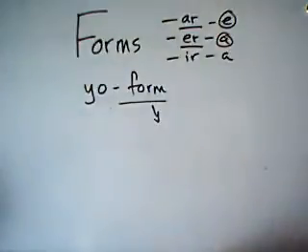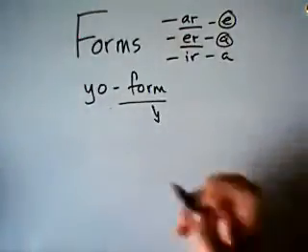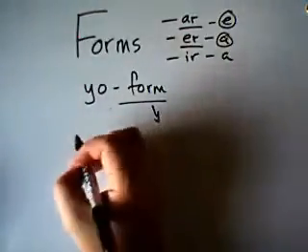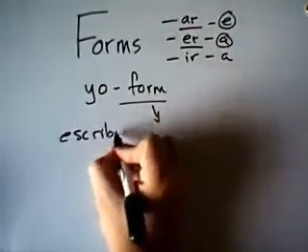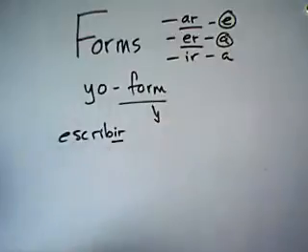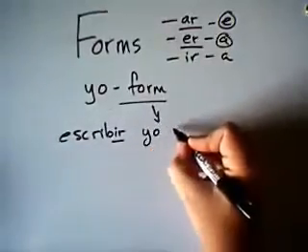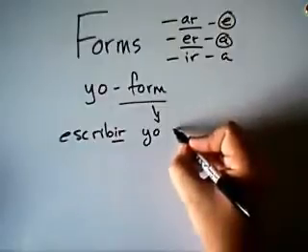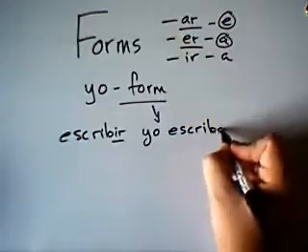I'm going to talk in a second about when to use the subjunctive and what syntactical structures trigger the subjunctive. But just as an example of an IR verb, I'll use escribir, which is what I'm doing right now, right? To write. It's an IR verb. Can't forget the key step, which is to conjugate it in the first person singular, the yo form of the present indicative. We all know that would be yo escribo.